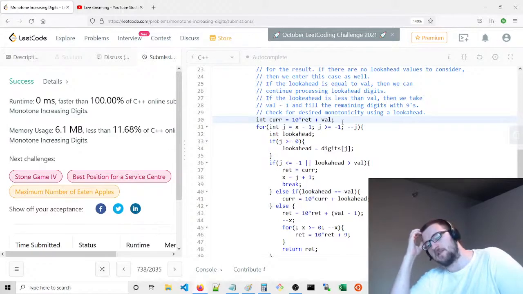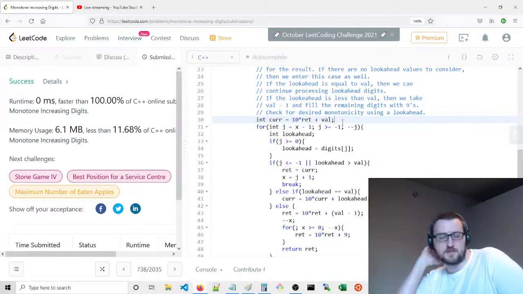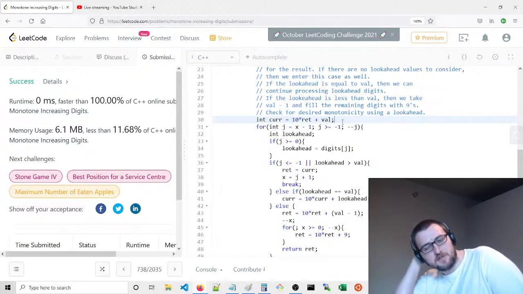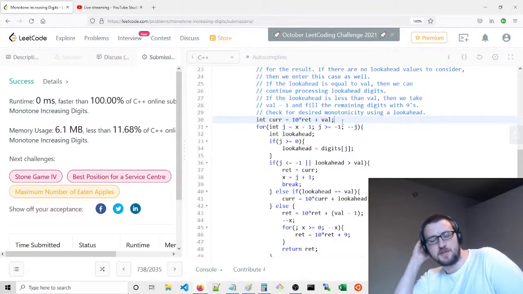But depending on what we find, we want to potentially include the things that we saw that are not equal, or potentially include the things that we saw that were equal. If we see something that's greater, then we can include all of the ones that we saw that were equal up to this point, and then continue to repeat, because all of those digits would be valid.